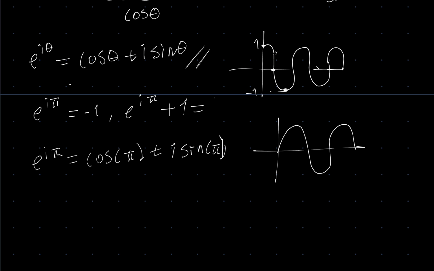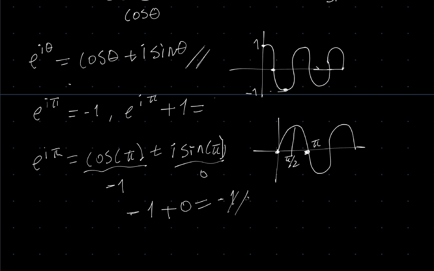Of course, these graphs are between 1 and minus 1. So cosine pi is equal to minus 1, and sine pi, let's see, it is 0. There is pi over 2 and pi. So that is equal to 1. So if we sum these two values, minus 1 plus 0 is equal to minus 1. So yeah, that is an example.